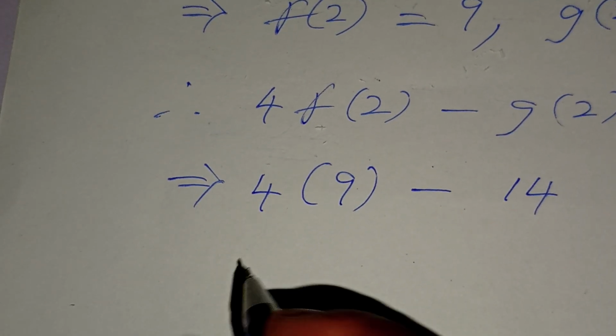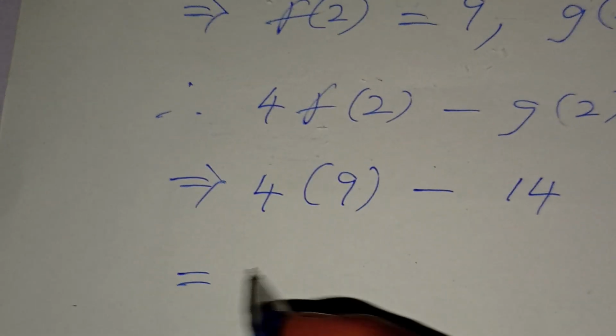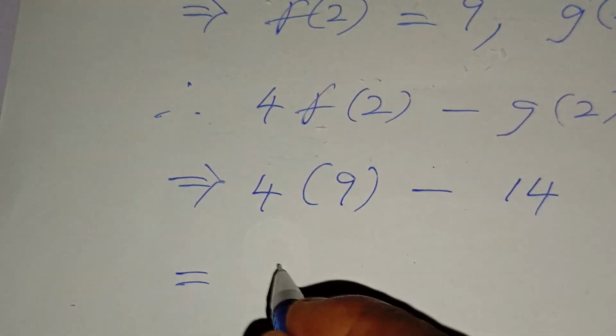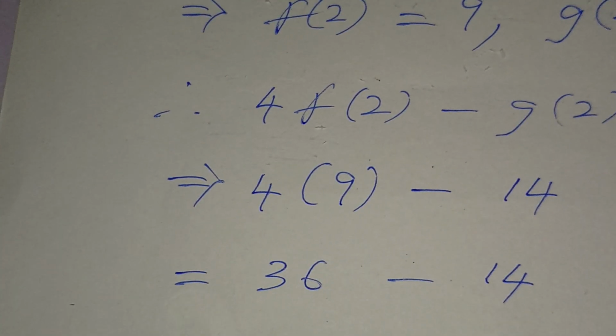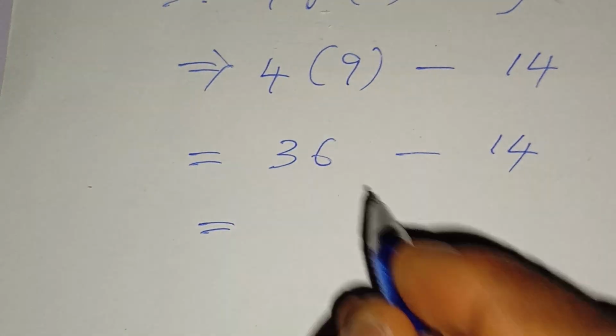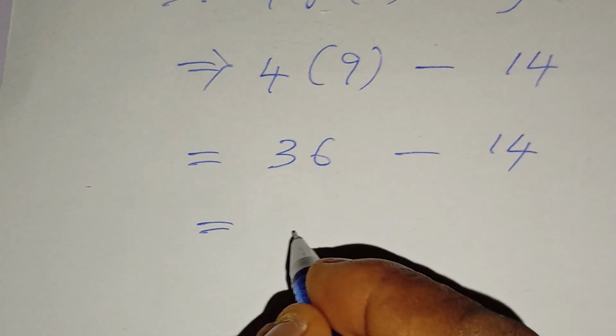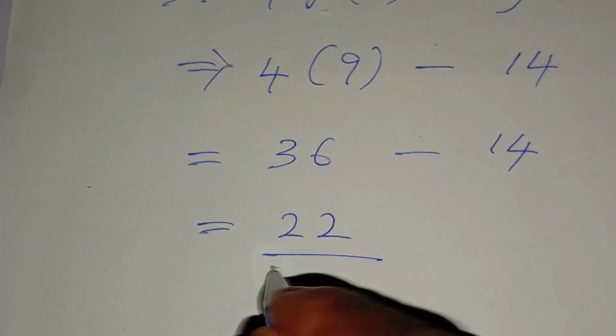This will give us 4 times 9, which is 36, minus 14. And finally, the answer becomes 36 minus 14, which is 22.